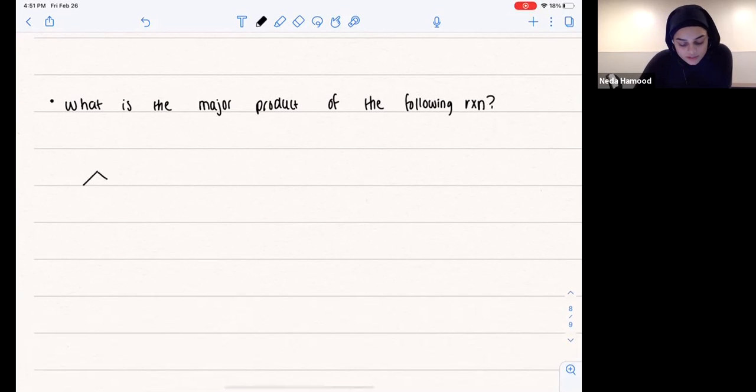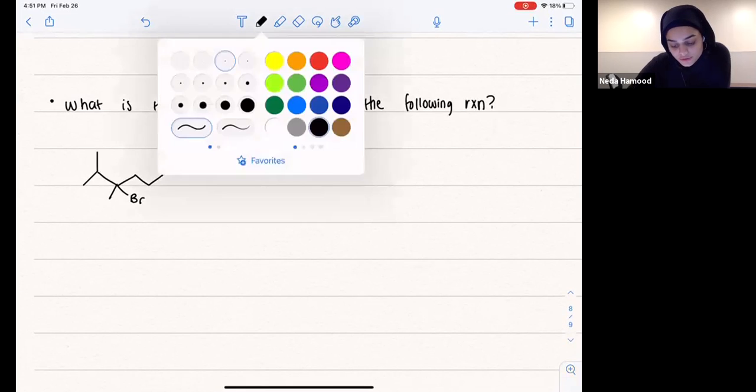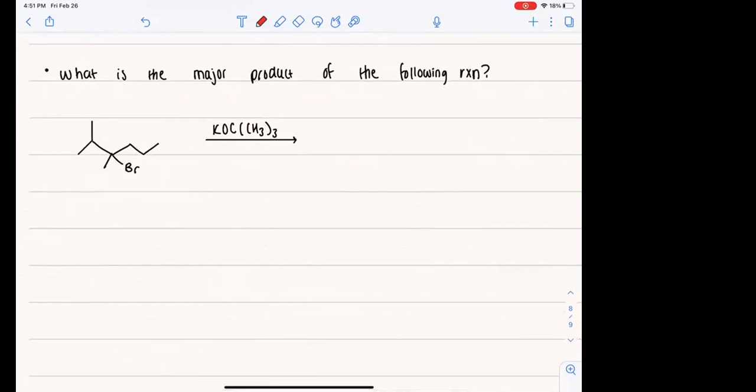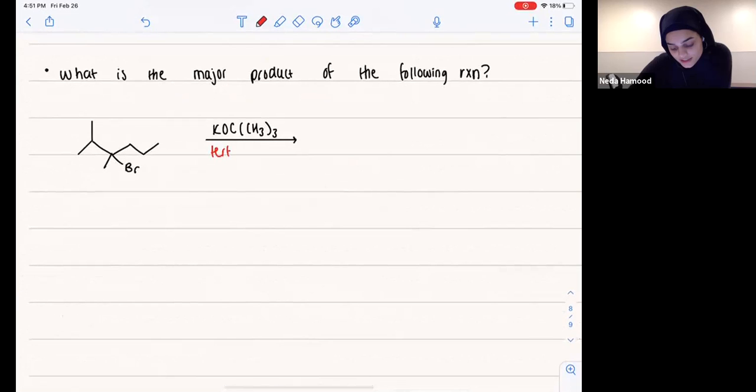Let's say that we have this, and then we have a bromine over here. And then our reagent is this, KOC(CH3)3, also known as potassium tert-butoxide, which is a bulky base.